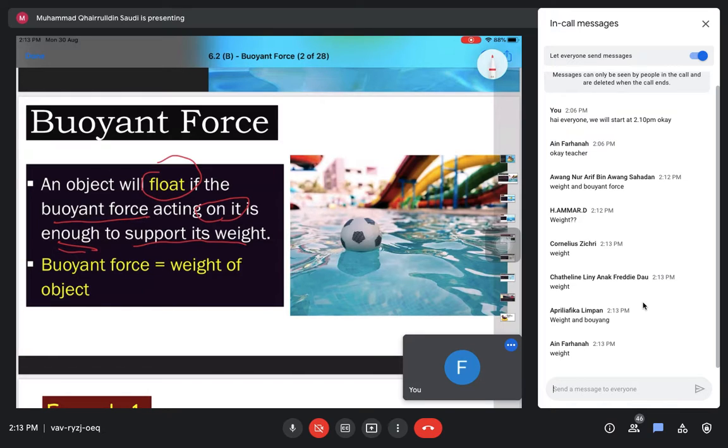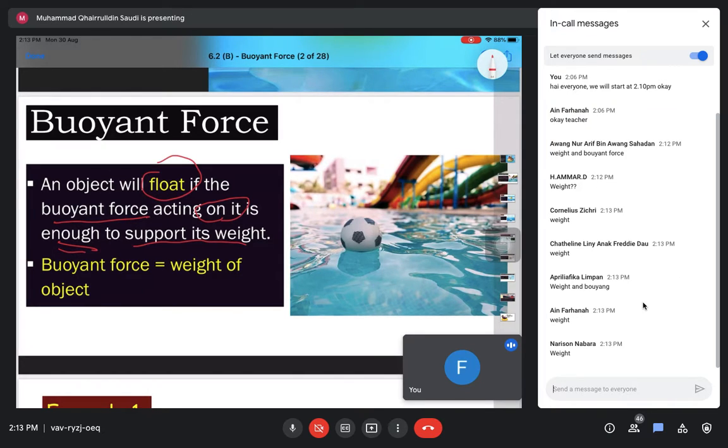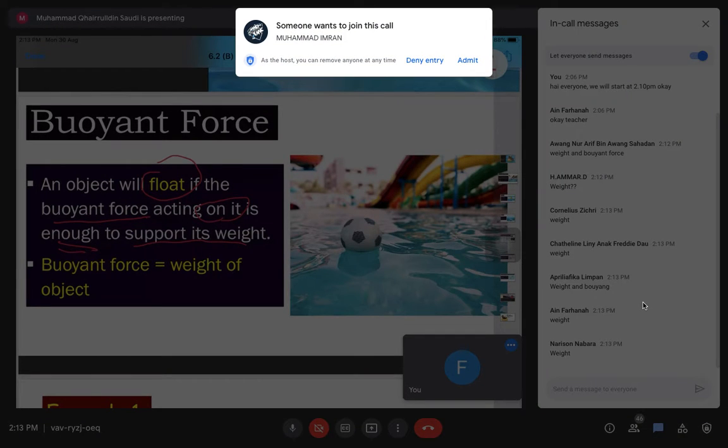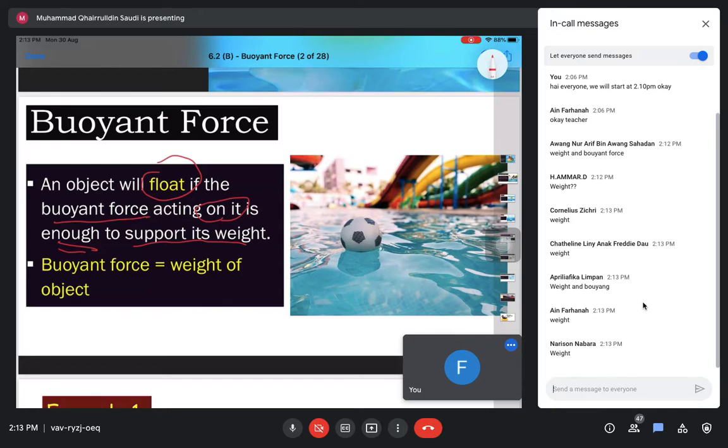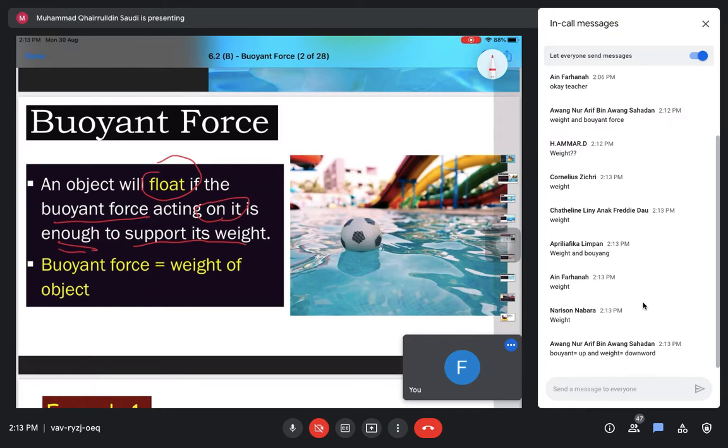Good. Can you tell me the direction as well? What is the direction of buoyant force and what is the direction of weight? Is it upwards or downwards? Which force is upward, which force is downward?